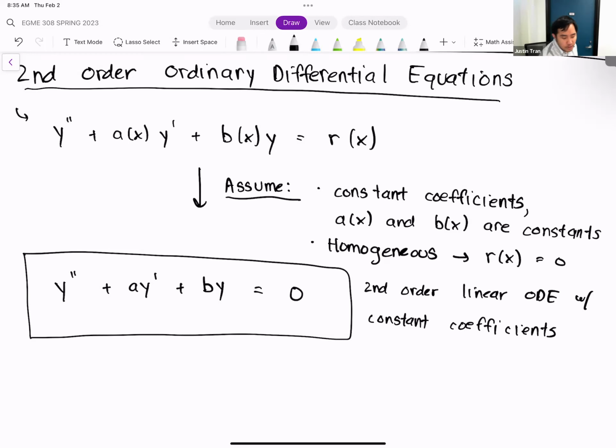If you remember from our discussion on Monday, one of the unique things about second order ODEs compared to first order is that we're going to get multiple solutions, right? In particular, we're going to get two unique linearly independent solutions.